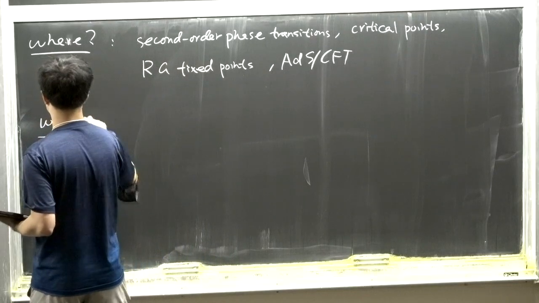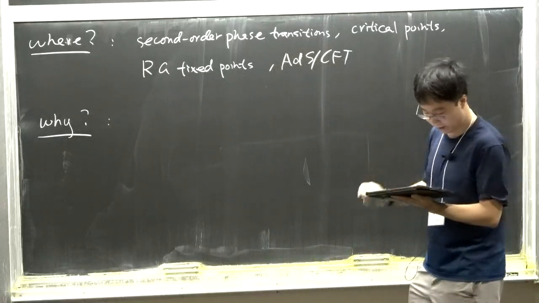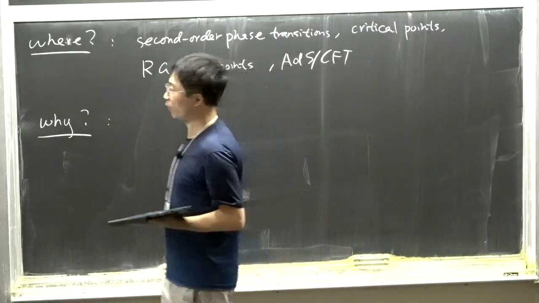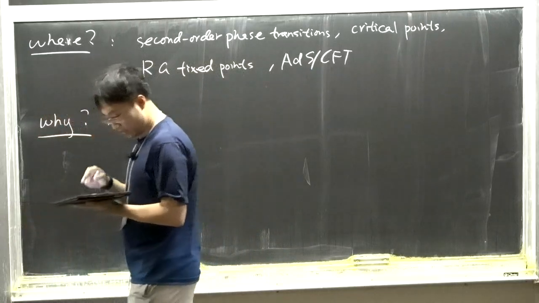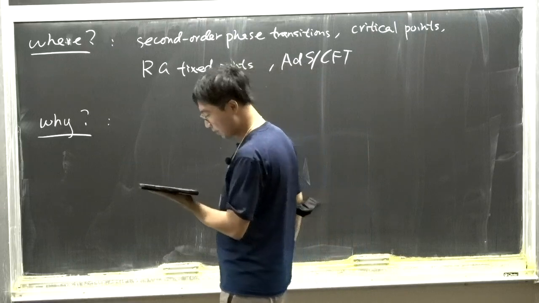So given this kind of motivation, you're probably already convinced that conformal field theory is an important subject to study. But let me just make a few remarks to make this even more explicit.